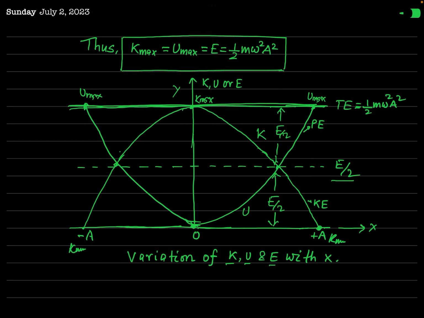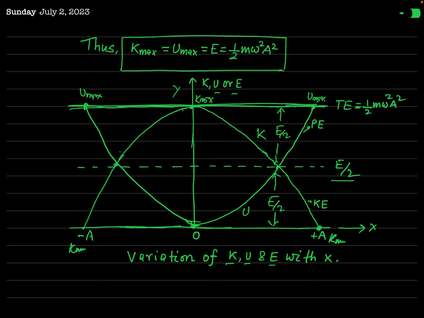So definitely the graphical plot of K or U against x will be a parabola symmetric about this K axis or U axis or E axis. In this figure I have noted kinetic energy, potential energy and total energy on the y axis, and the displacement x has been written on the x axis.